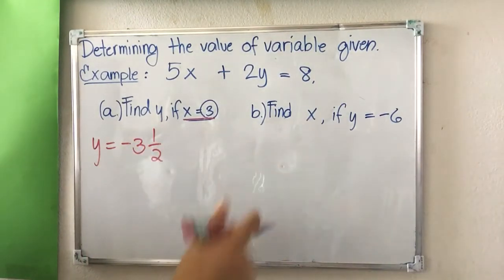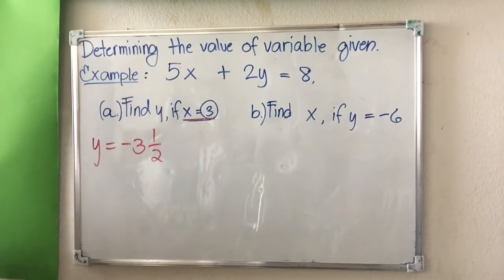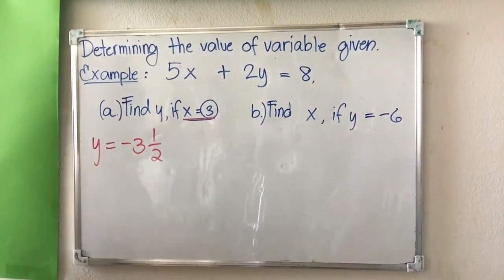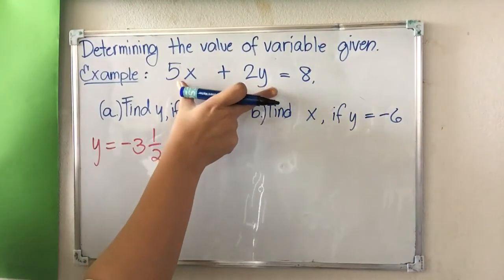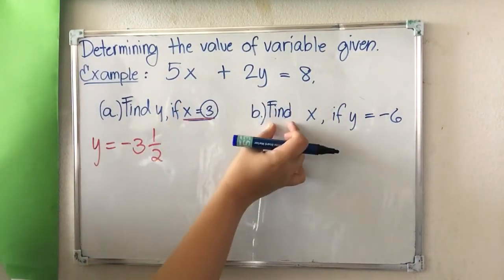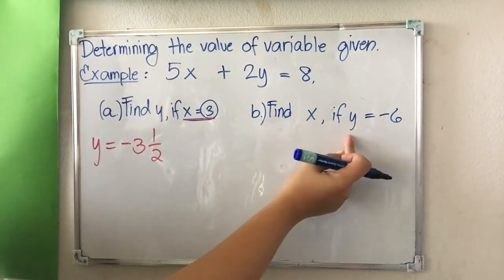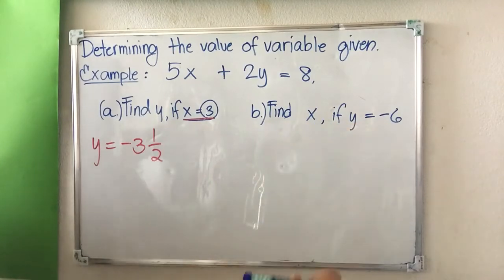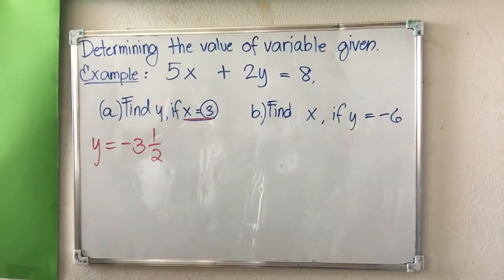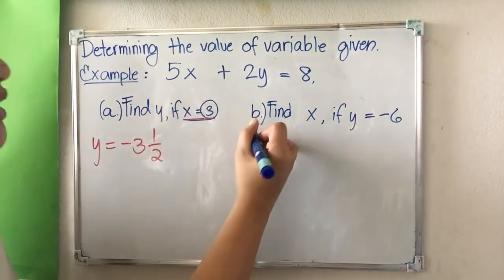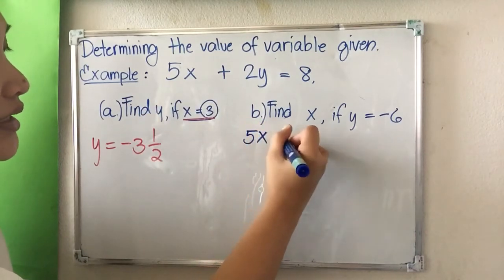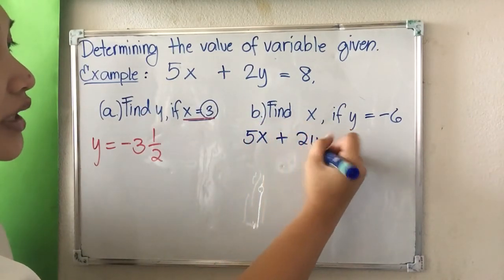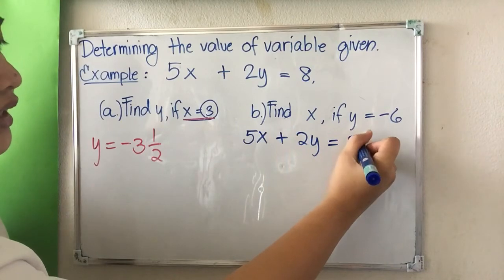Alright, now let's solve letter B. Okay, the same given, find x if y is equal to negative 6. Alright, so let's copy that one first. So 5x plus 2y is equal to 8.